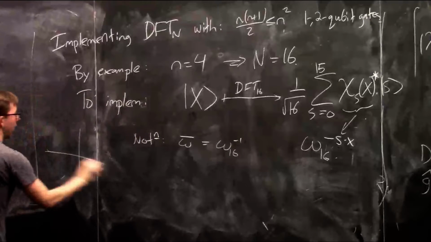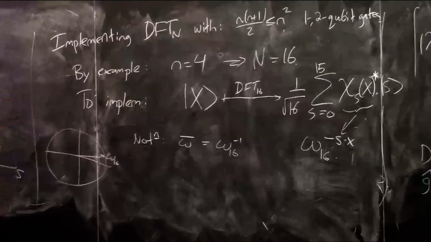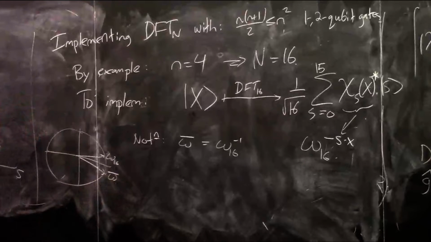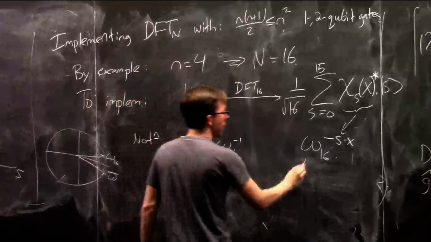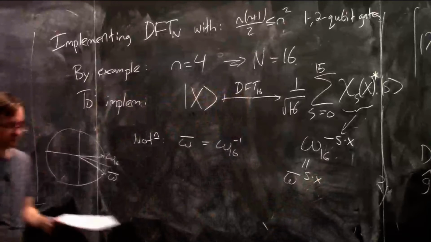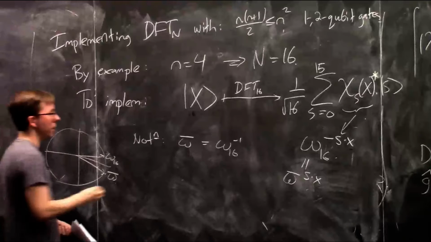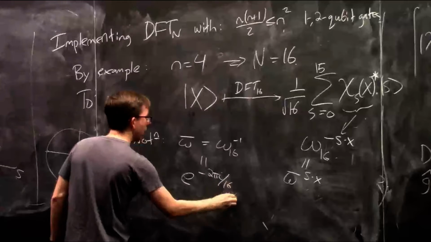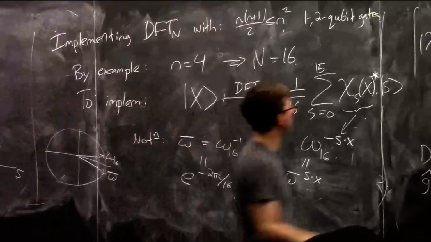So this was omega 16, the primitive 16th root of unity, and this symmetric one is omega bar. I do that so that this will just be omega bar to the s times x. And if you want to be really explicit, this is e to the minus 2 pi i over 16. OK, so how to do this?